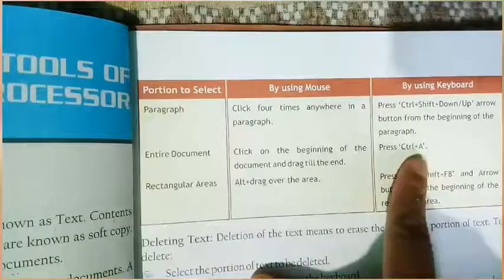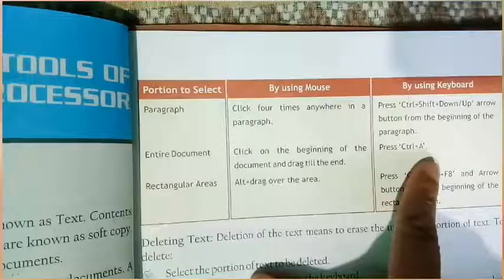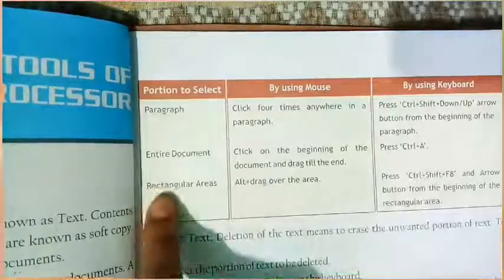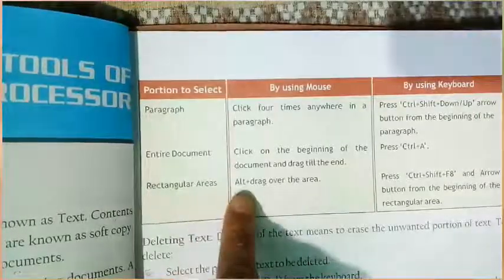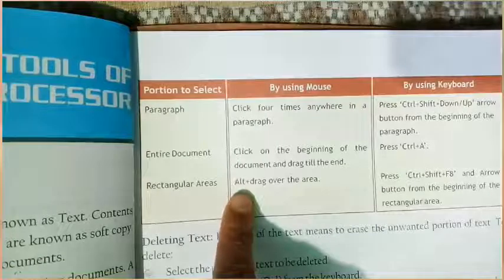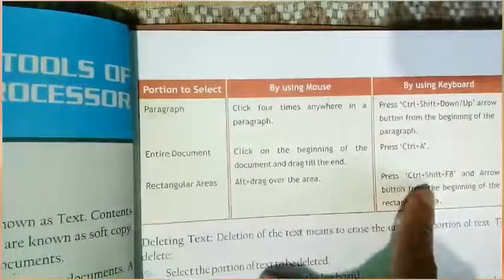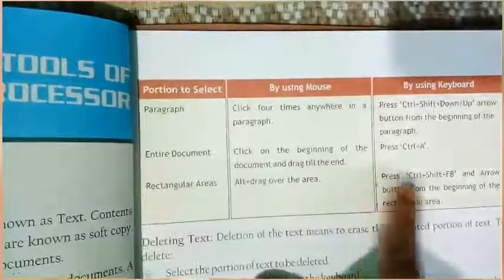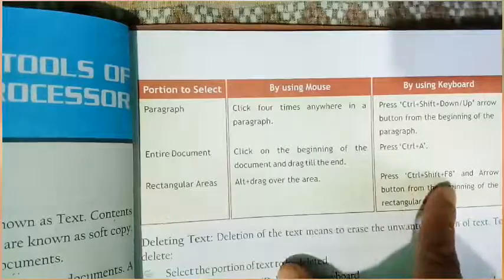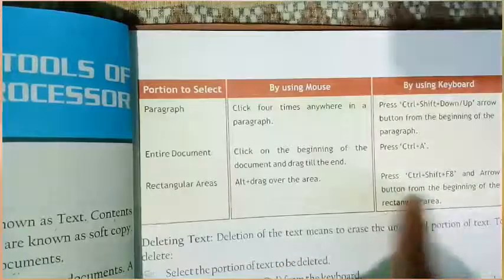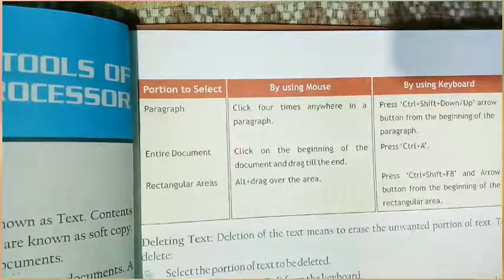Or with the help of keyboard, we can press CTRL plus A. Rectangular areas, if you want to select, then with the mouse we will press Alt and drag the mouse over the area. And with the keyboard we have to press CTRL plus Shift plus F8 and arrow button from the beginning of the rectangular area. Clear?